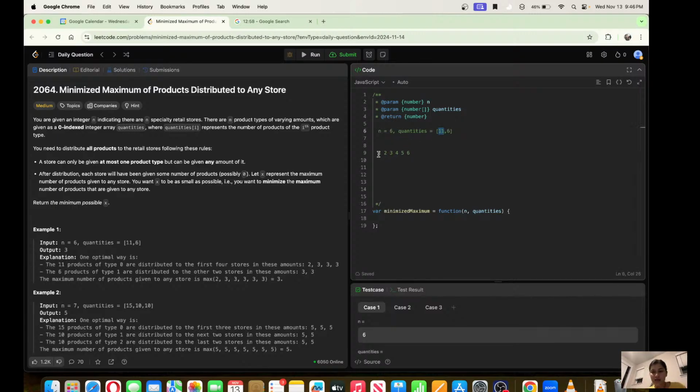Suppose I can give this store 5 products of this type, but I cannot give 5 products of this type and 5 products of that type. I can only give one store one product type. After distribution, each store will have been given some number of products, possibly 0.